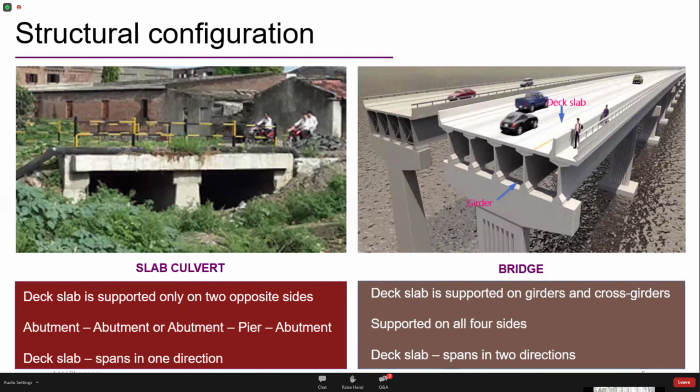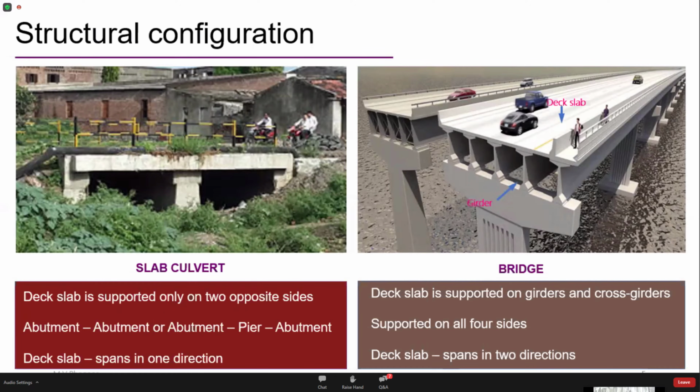The configuration may change. We may have an intermediate pier also. But looking at the simplest arrangement, we have a deck slab resting on two opposite sides, due to which we get a slab that spans only in one direction. Therefore, these slabs are analyzed as slabs spanning in one direction, or simply one-way slabs.